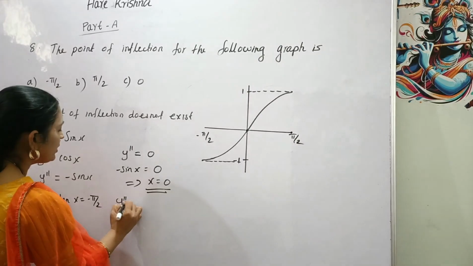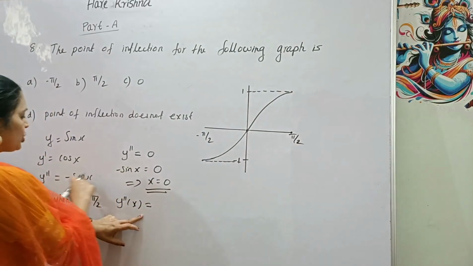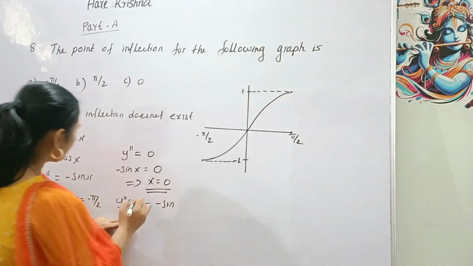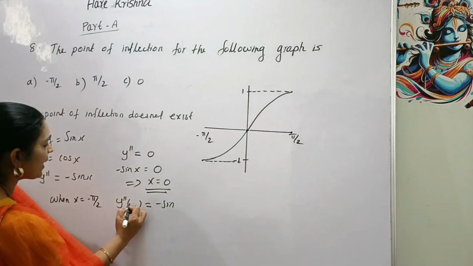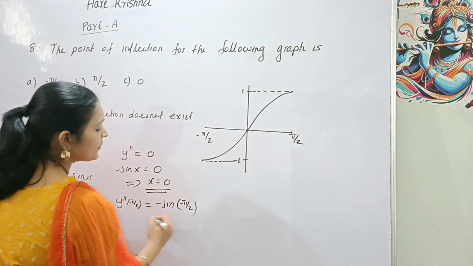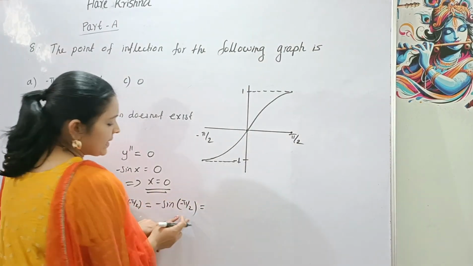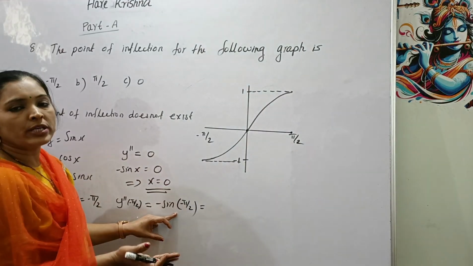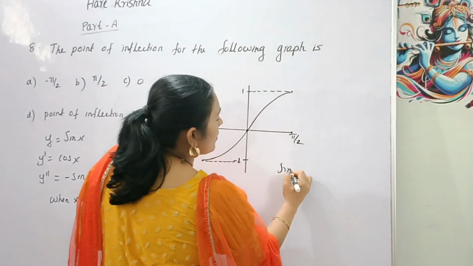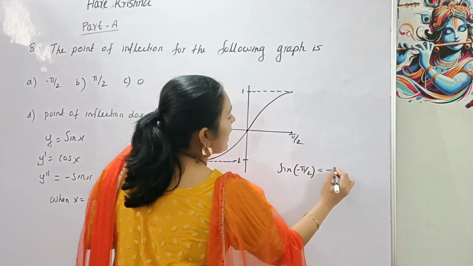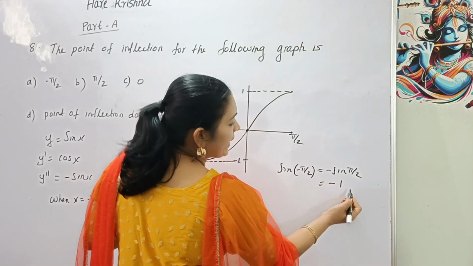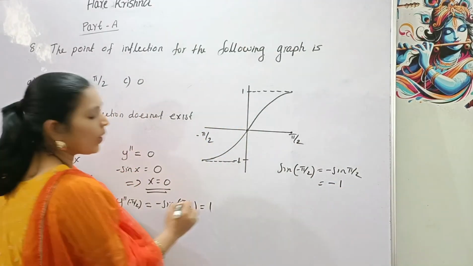Substitute: y double dash of x is minus sin x, so minus sin of minus pi by 2. Sin of minus theta is minus sin theta, right? So sin of minus pi by 2 is minus sin pi by 2, which is minus 1. So minus of minus 1 is 1.